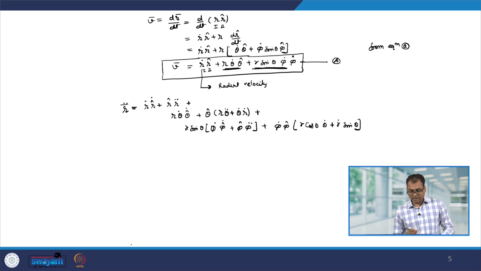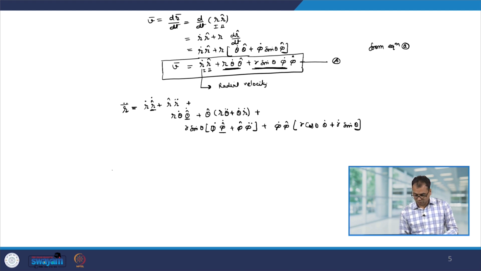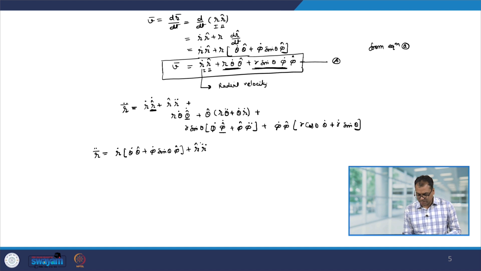Now, let us put the value of r cap dot, theta cap dot and phi cap dot from equation number A, B and C. So, we have r vector double dot equal to r dot, the value of r cap dot is theta dot theta cap plus phi dot sin theta phi cap plus r cap r double dot plus, now let us put the value of theta cap dot.